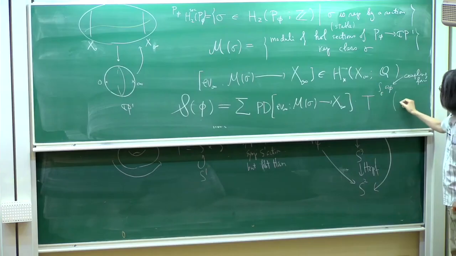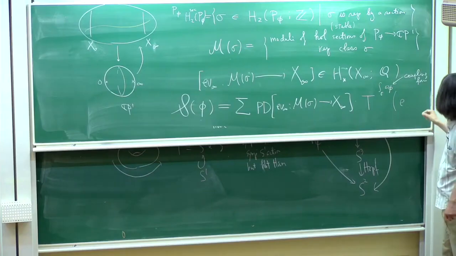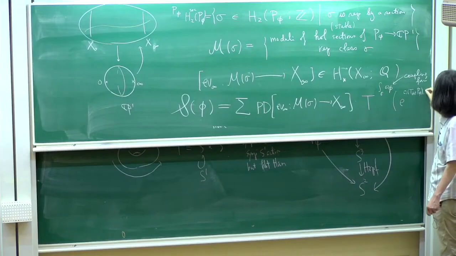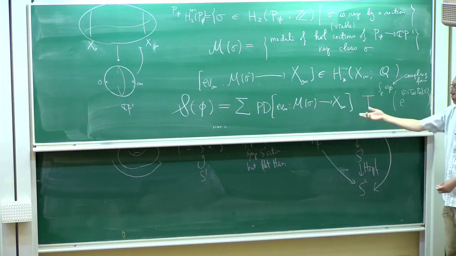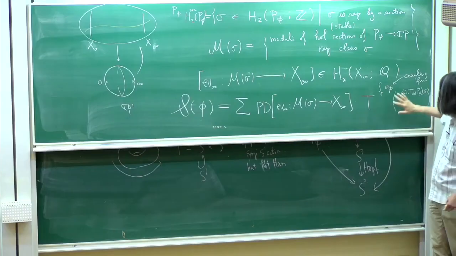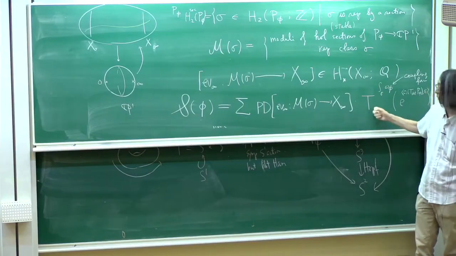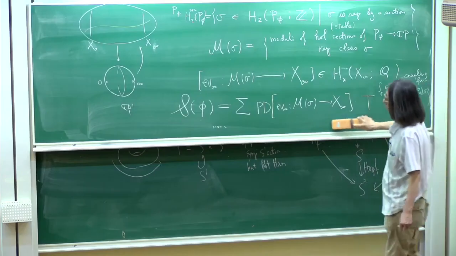And sometimes maybe you also want to put some e here. e is a parameter encoding the degrees. And then here maybe c1 of the vertical tangent bundle of P phi, evaluated on sigma. If you put this in, then grading is also somehow well defined. But anyway, if we forget this, then this is just an element in the ungraded setting. But we have this numerical parameter. Okay, so this is a Seidel element.